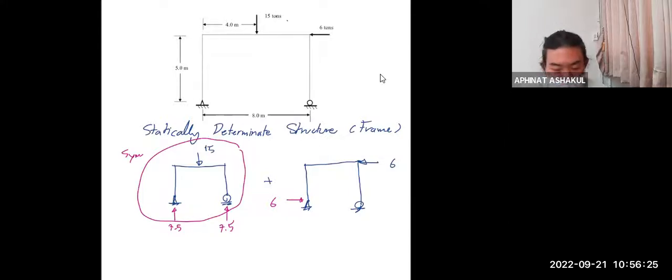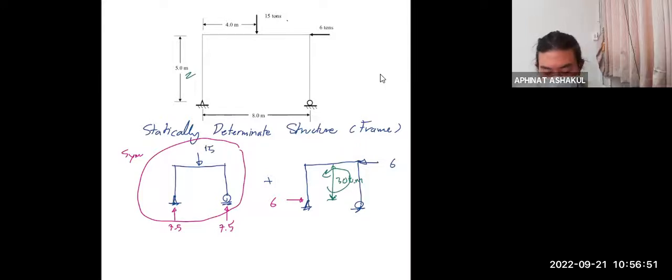The moment arm here, if you recall your statics, is 5 meters, right? So here is the moment caused by this load, 30 ton meter, correct? So we need a clockwise moment to counter that.